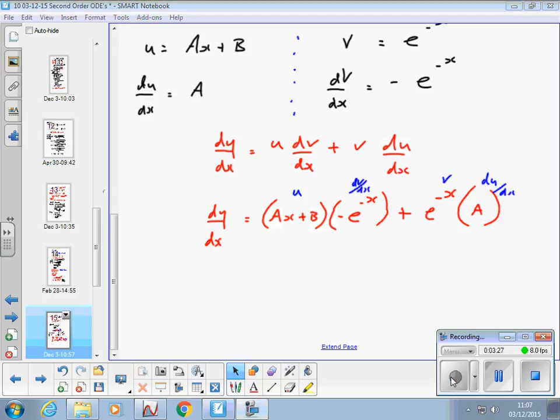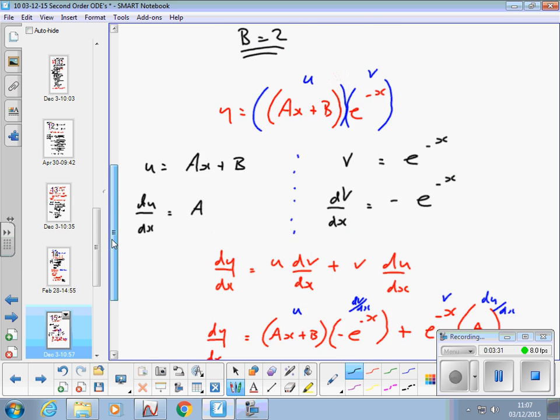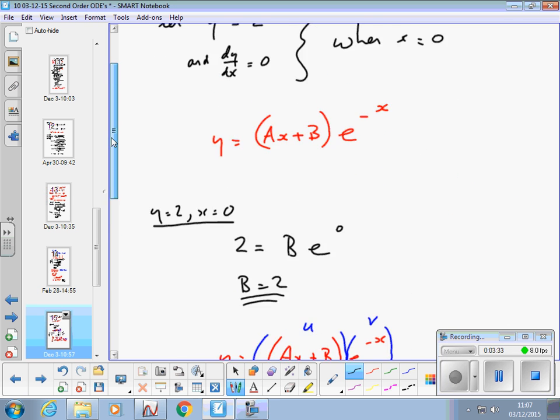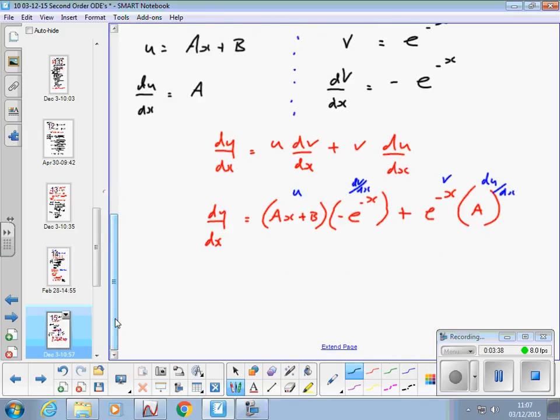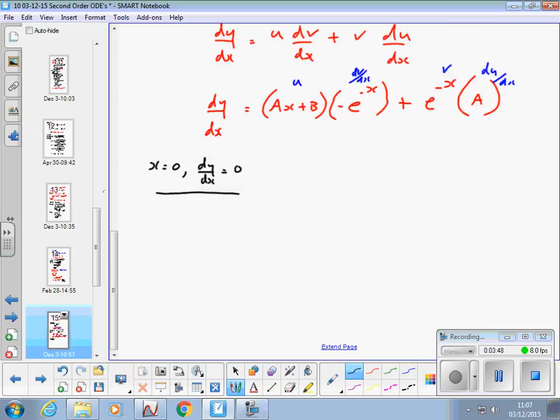It might look horrendous, this, but when we put our boundary conditions in, remember now, what have we got? When x equals 0, the differential is 0. And when we put these boundary conditions in, it all becomes a lot more straightforward.